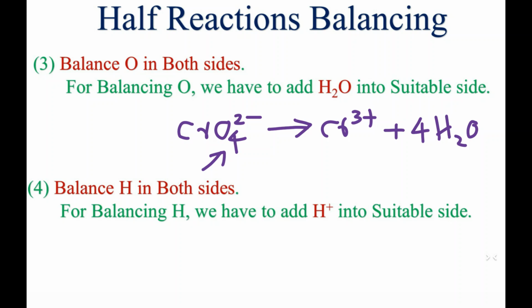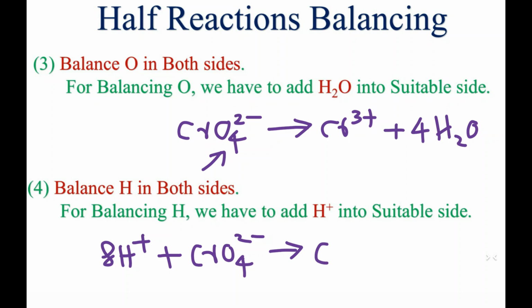For that, we need to use 8H+ on the left side. After adding 8H+, this is the reaction: 8H+ + CrO4 minus becomes Cr3+ and 4H2O. Then finally we need to balance the charge between both sides.